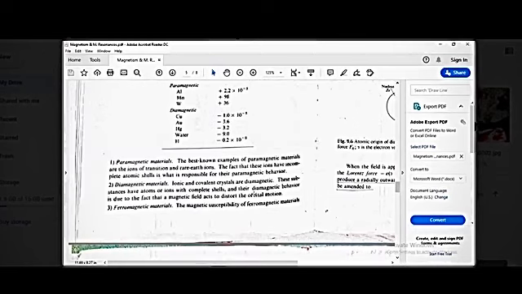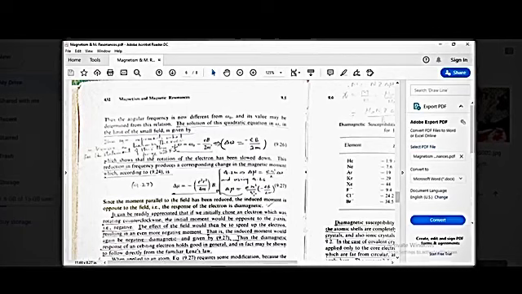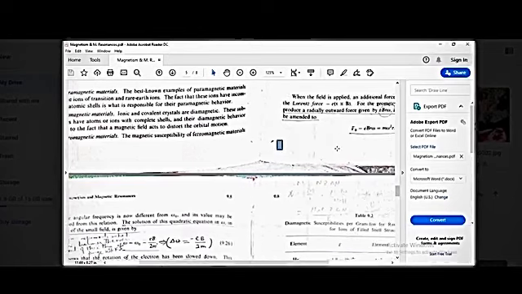Moving on to the next page, the angular velocity is now different from omega naught, and its value may be determined from this relation. Now the solution of this quadratic equation in omega, which quadratic equation? Let me go back and show you.